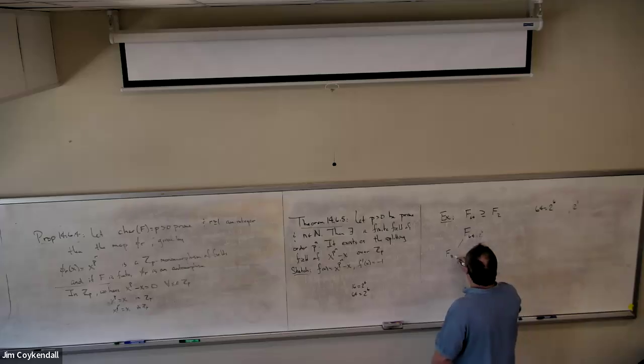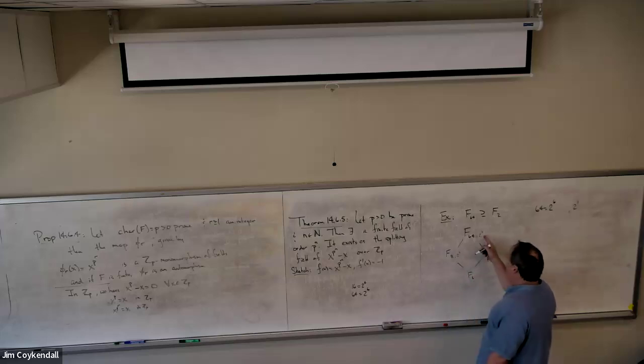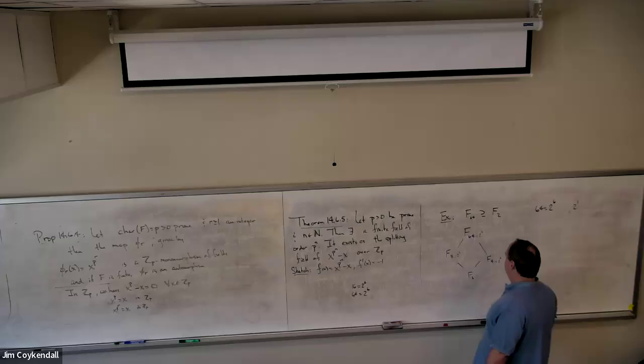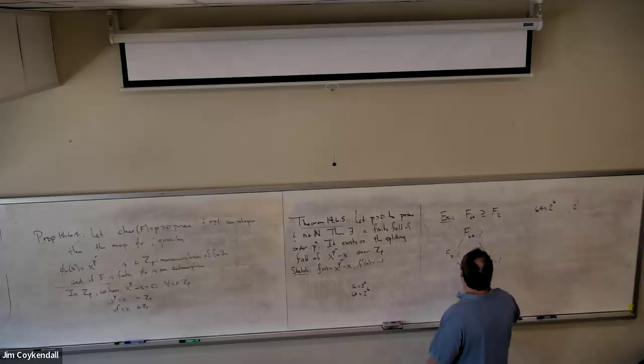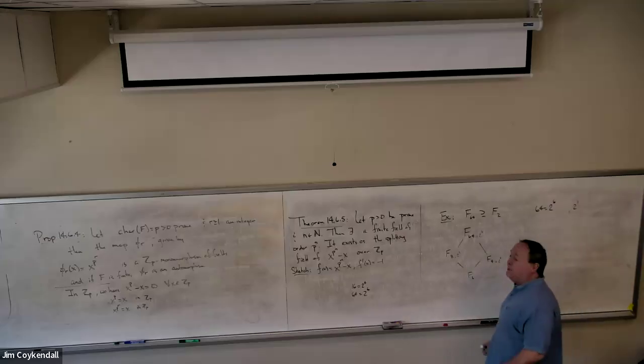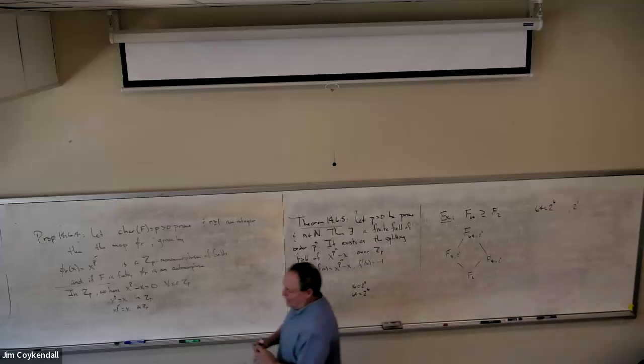This is 2 to the 6th, this is 2 cubed, and 3 divides 6. So this, in fact, is a two-dimensional vector space over this. This is 2 squared, so this is a three-dimensional vector space over this, and it's six-dimensional over this, right? So this is the lattice of subfields of the field of 64 elements, right?